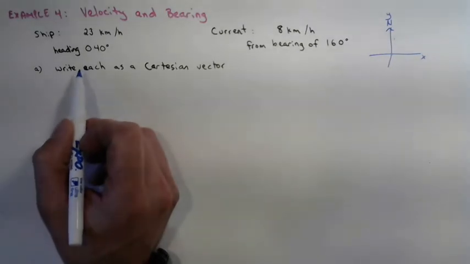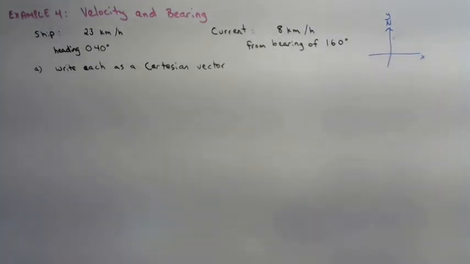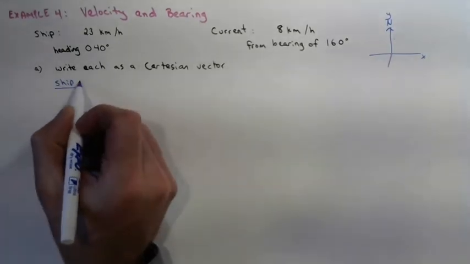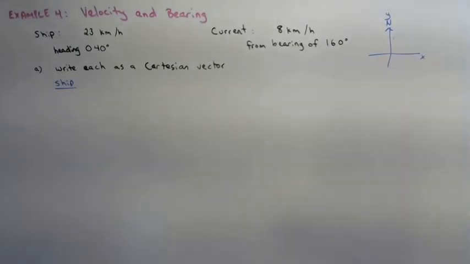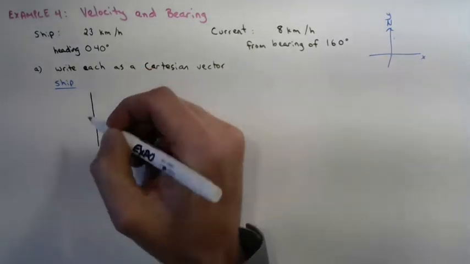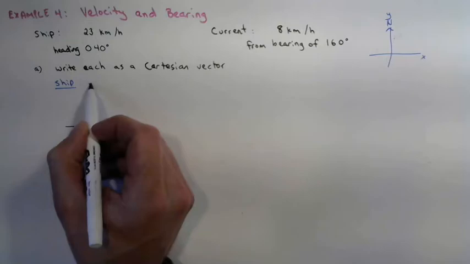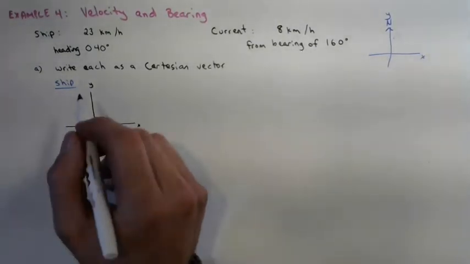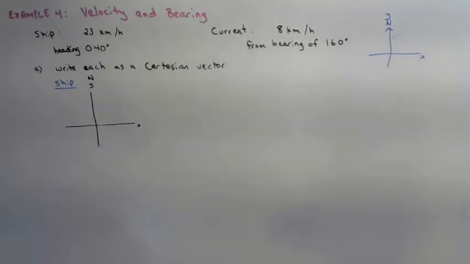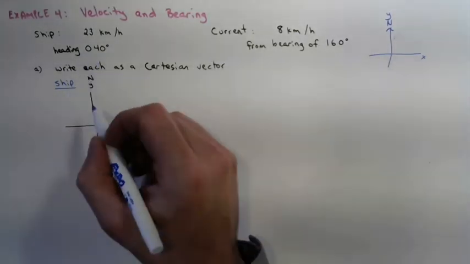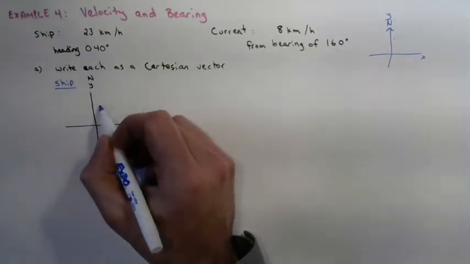We'll deal with the ship first. We're on a Cartesian plane here. We've got our x-axis and our y-axis. Y is north. And we have a heading of 40 degrees, and that's always from north.